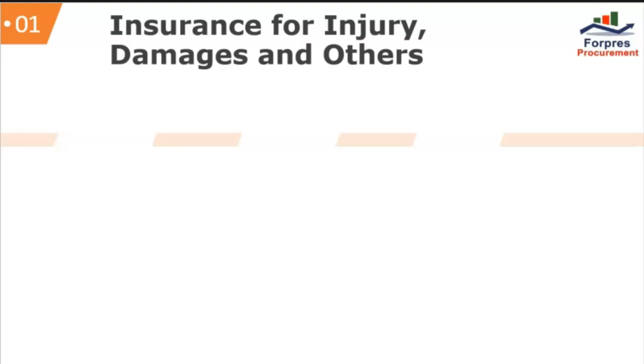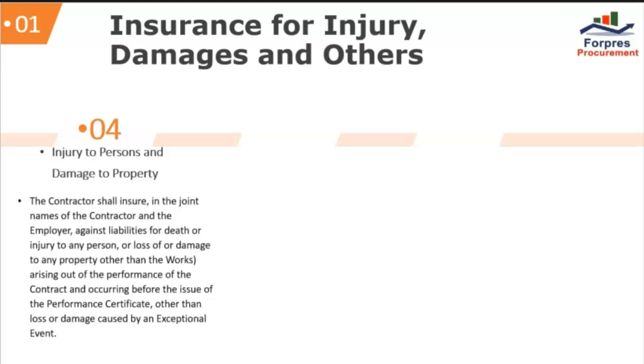Insurance for injury, damages, and others. Injury to persons and damage to property, that is third party. The contractor shall insure in the joint names of the contractor and the employer against liability for death or injury to any person or loss of or damage to any property other than the works arising out of the performance of the contract and occurring before the issue of the performance certificate, other than loss or damage caused by an exceptional event.